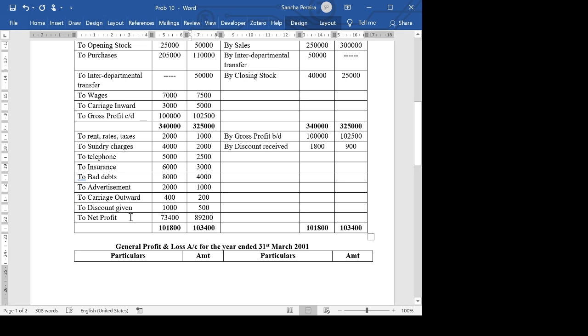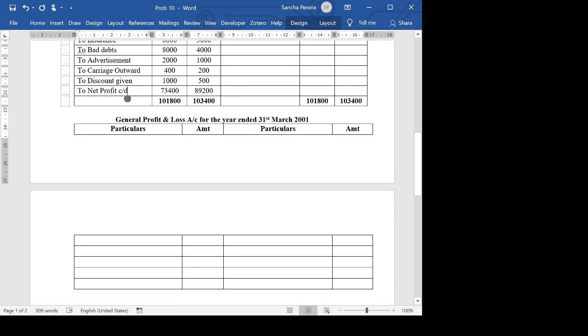So you can say to net profit carried down, and then bring down the net profit by net profit brought down. For X, it is 73,400 and for Y it is 89,200.